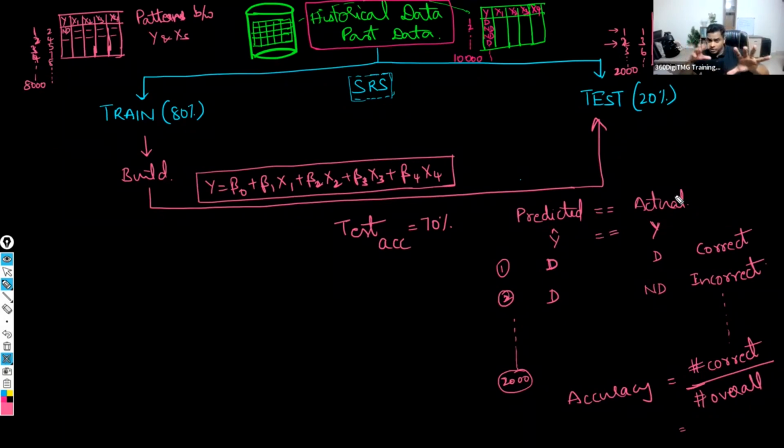The reason why I'm explaining this aspect is because I want you all to understand that when you split the data into training and test, the more data you have in training, more patterns your model will learn. More data you have in test, more confident would you be with the accuracy. This is how it works.